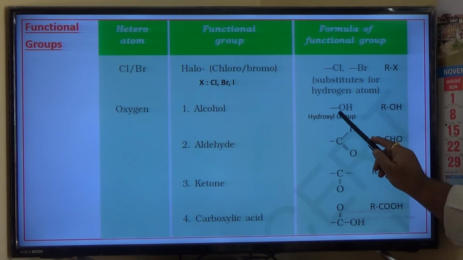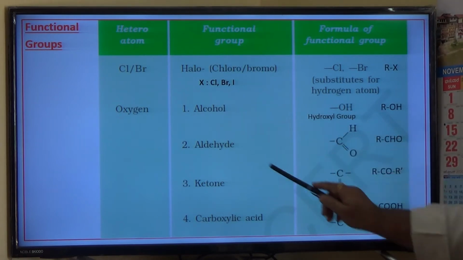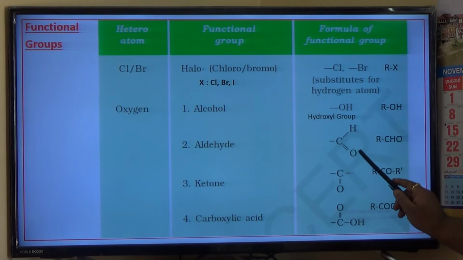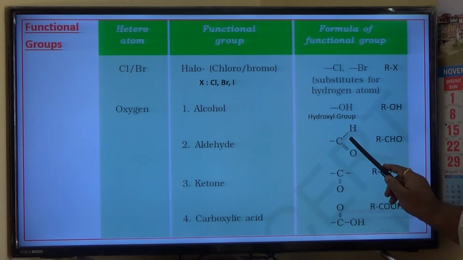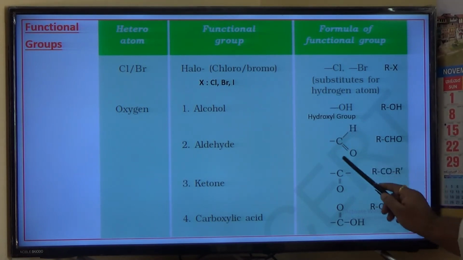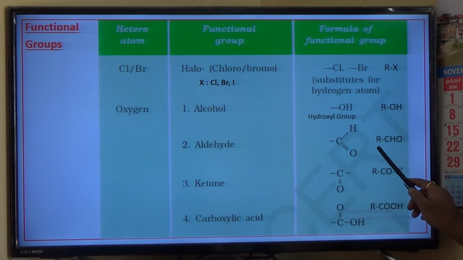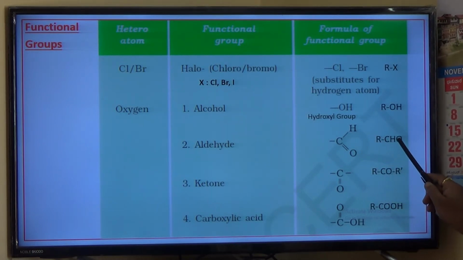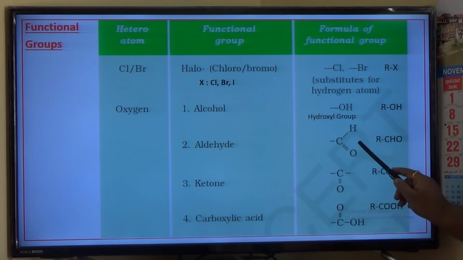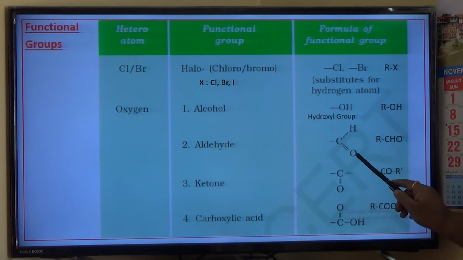The way we called OH an alcohol group, the combination of bond CHO is called aldehyde group, and this can get attached to the carbon chain, that is alkyl group, represented by R. So the general formula of this aldehyde is RCHO, or the formula of only the aldehyde functional group is bond CHO. First we read H and then O, CHO.